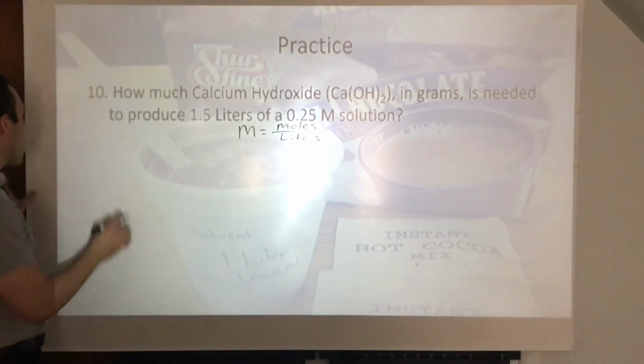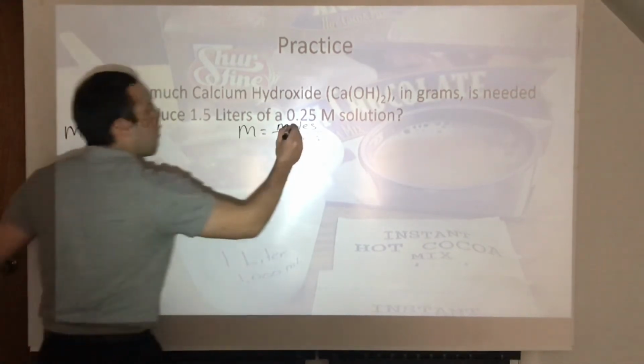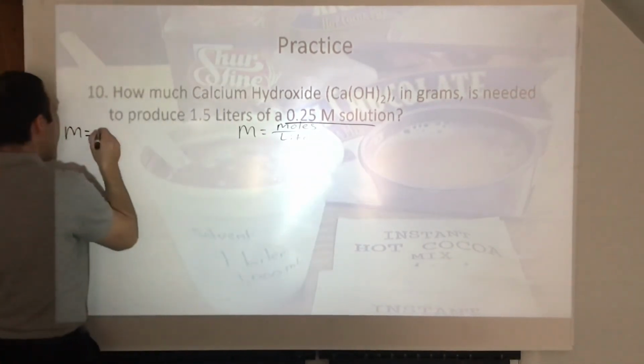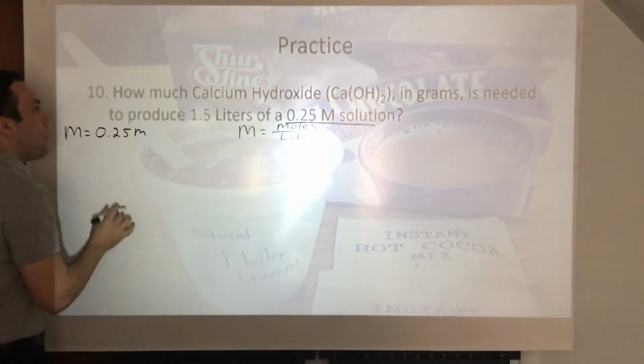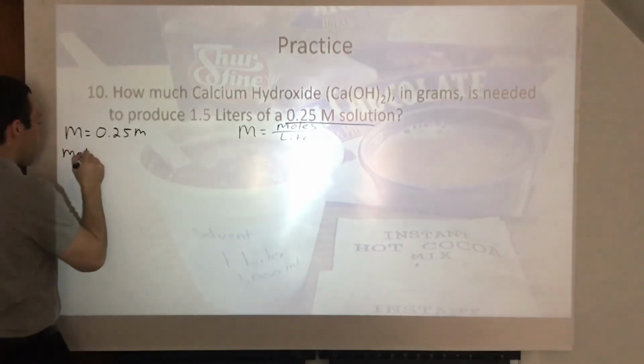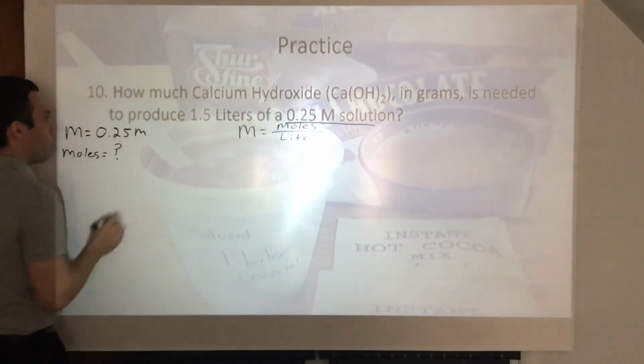Second step, we write down all of our known and unknown values. Capital M, we do know our concentration is 0.25 molar. Moles is what we're going to try to find first, question mark.